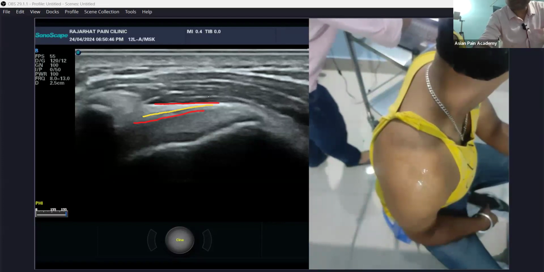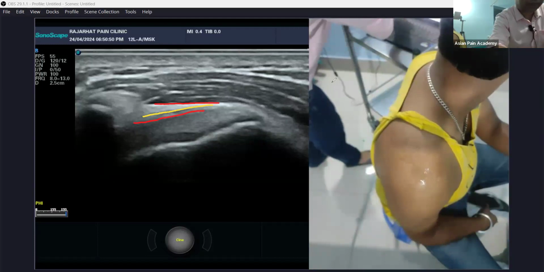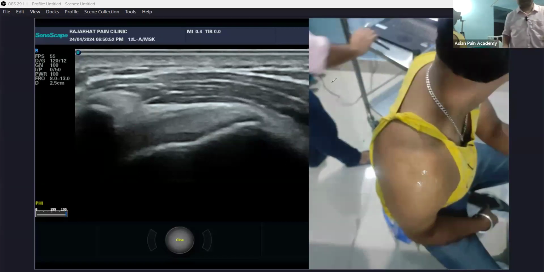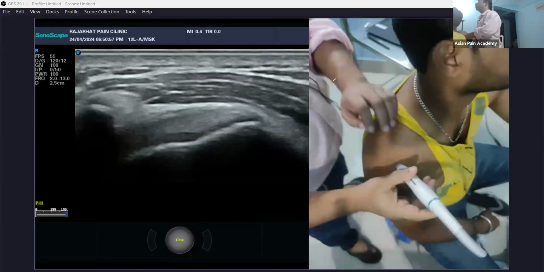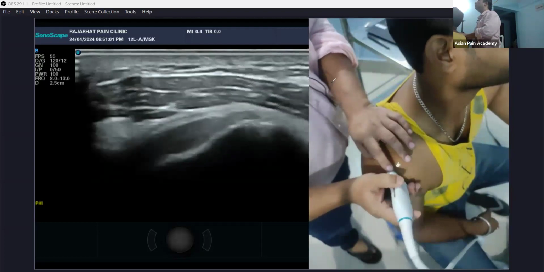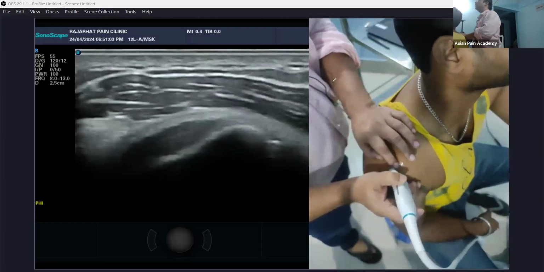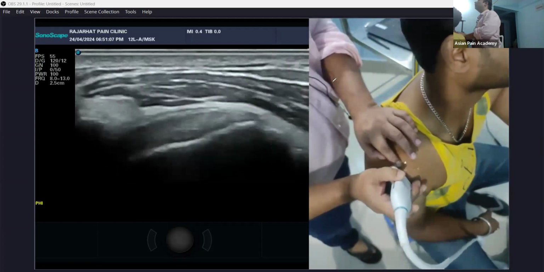This is the subacromial subdeltoid bursa. Try to perceive. This is the most important structure. Shoot now. Again, you see in the white line there is a black line.